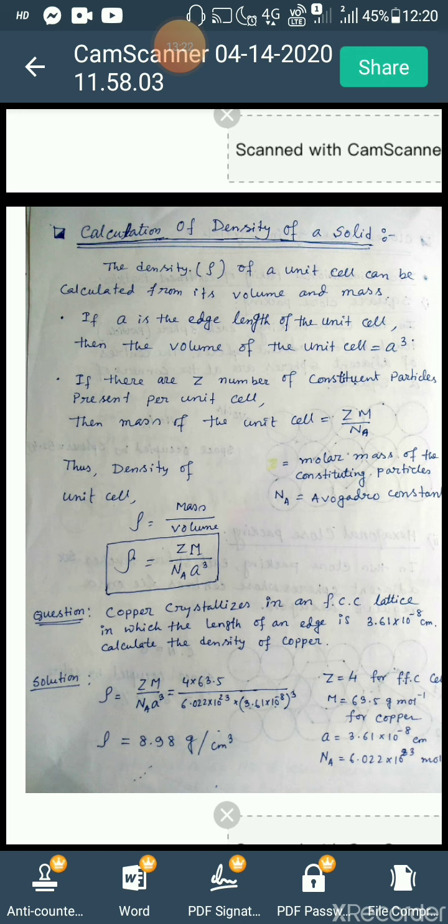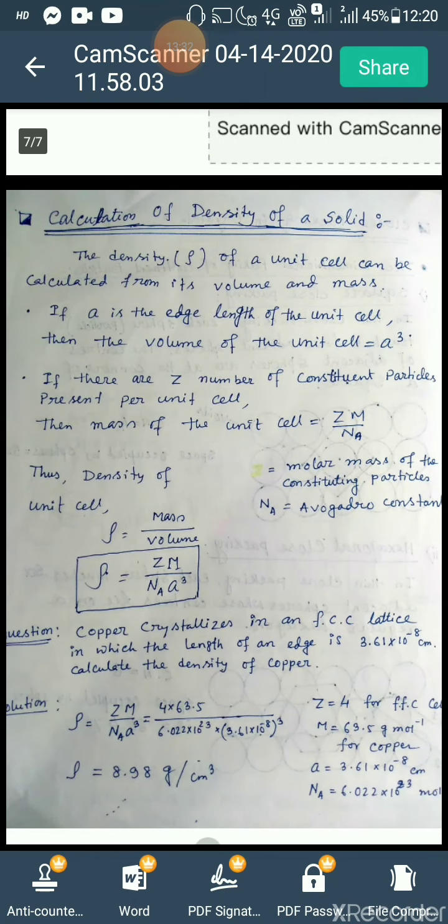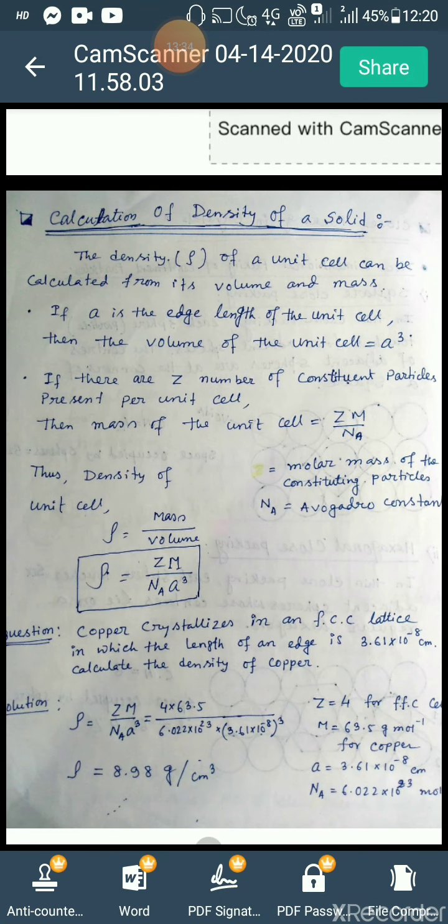Let's take one example. Question: copper crystallizes in FCC, that means face centered cubic lattice, in which the length of the edge is 3.61 into 10 to the power minus 8 centimeter. Calculate the density of copper.